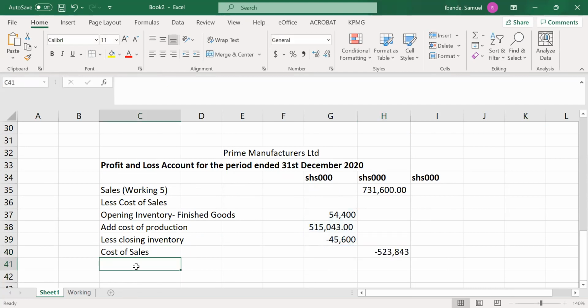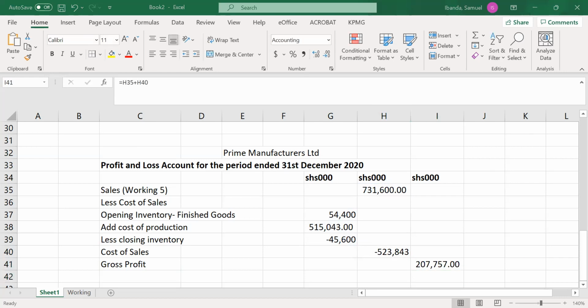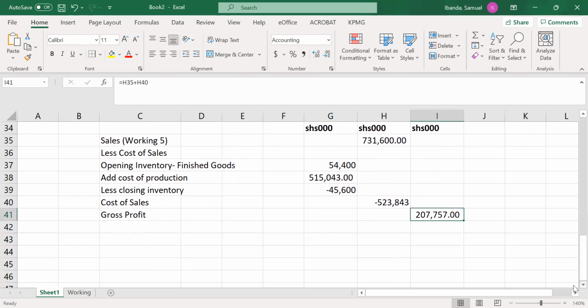So after I get my 731,600 minus 523,843, I am able to get my gross profit or gross loss. But in this case, it's a profit. So my gross profit is this. I'll just add them together since the other one has a negative, and it gives me 207,757.